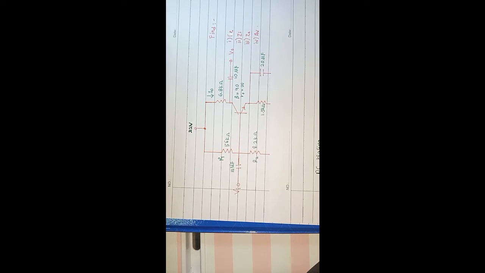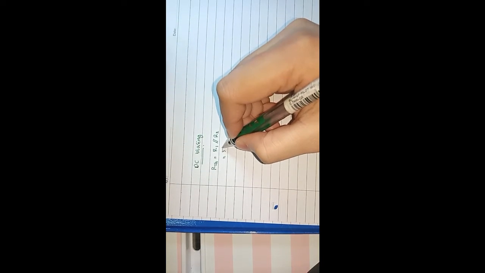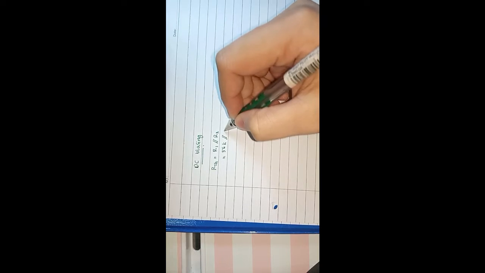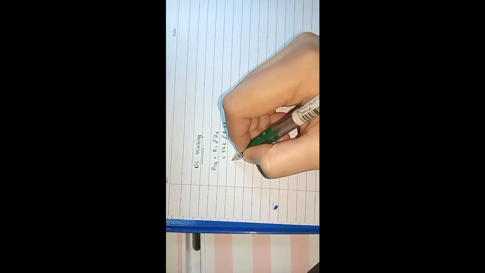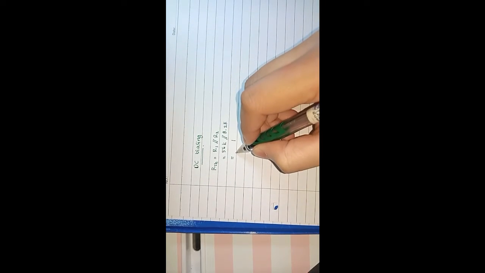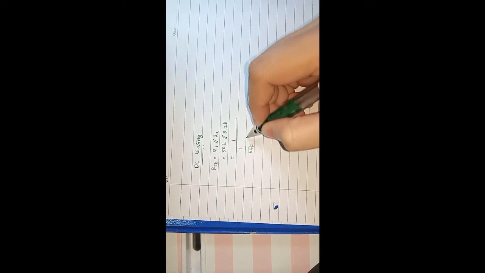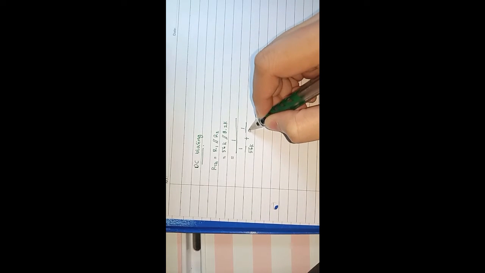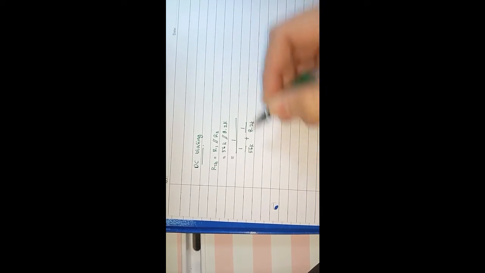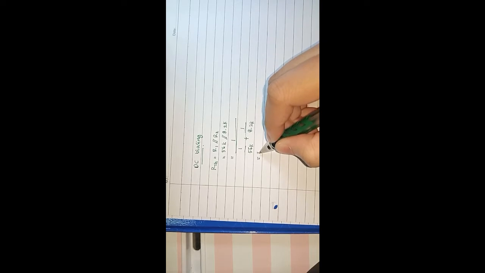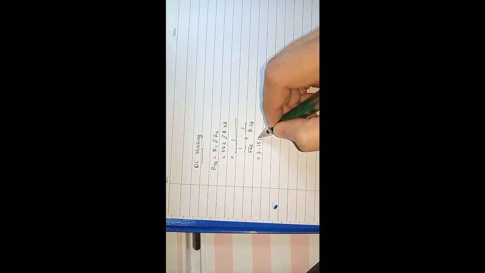R1 is 56 kilo ohm and R2 is 8.2 kilo ohm. So 1 divided by 1 over 56 kilo plus 1 over 8.2 kilo. Right here we will get the answer is 7.15 kilo ohm.